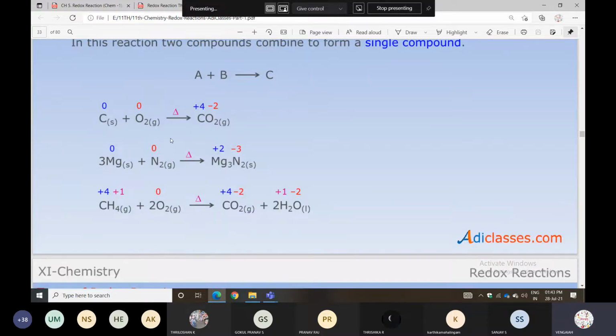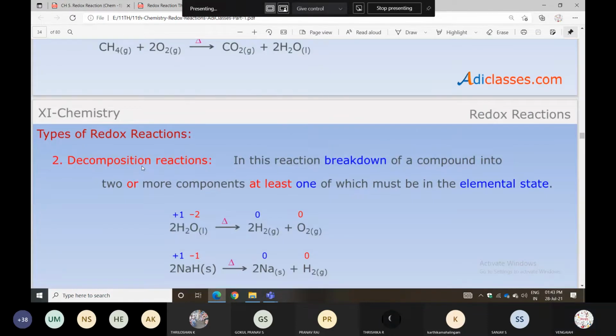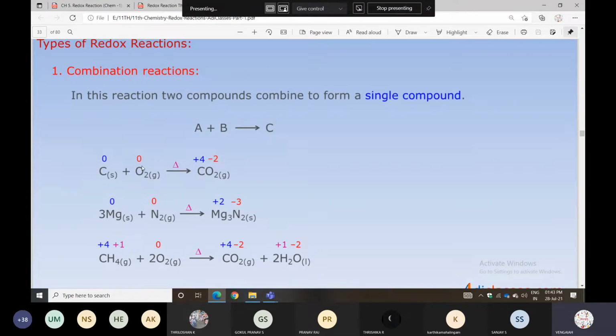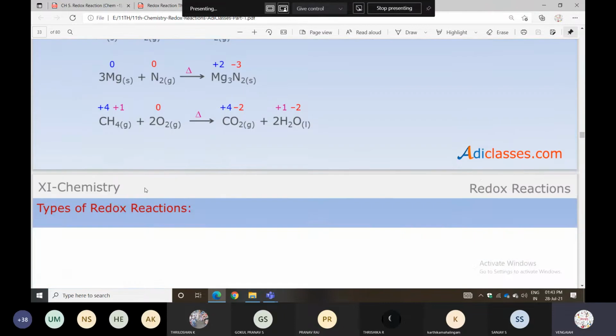There are many examples: A plus B forms C, C plus O2 gives CO2, like CH4 plus O2. Whatever the compounds, when two compounds combine to form a single product, you can say combination reaction.